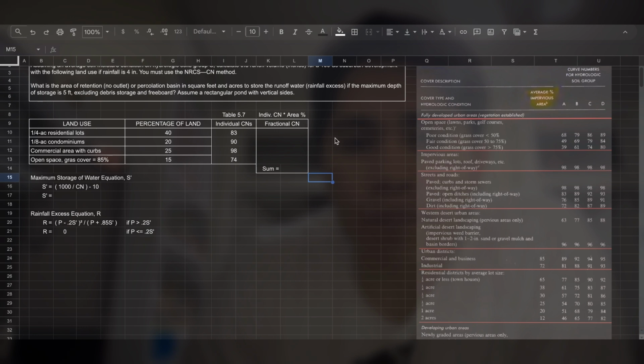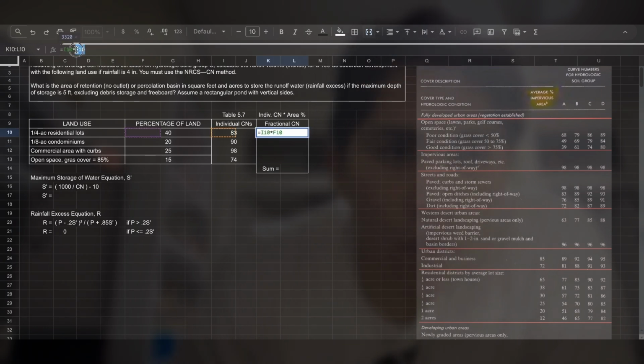Okay, now that we have each individual curve number, all we need to do to find the fractional one is multiply this curve number by the percentage this land use takes out of our whole watershed. In our case, it shouldn't be 40, it should be 0.4. So what happened here?